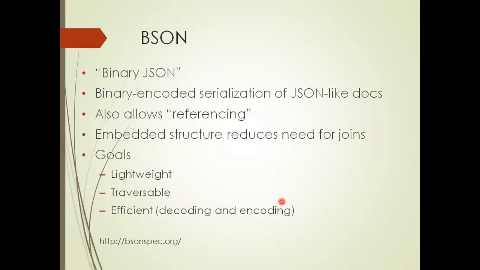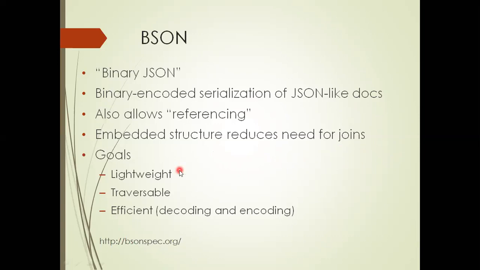BSON is basically binary JSON, which provides binary-encoded serialization of JSON-like documents. It allows referencing to other objects. It provides the facility of embedding structures, which reduces the need for joins. We can embed one document inside another, so we need not perform joins, which are quite expensive.